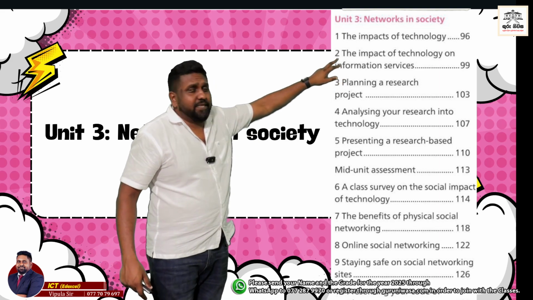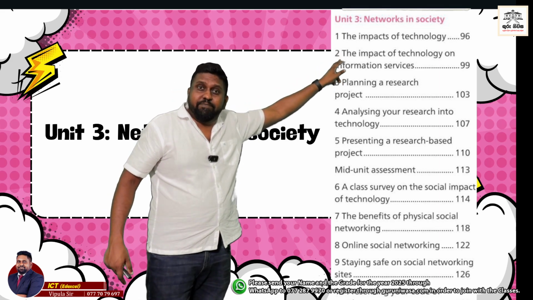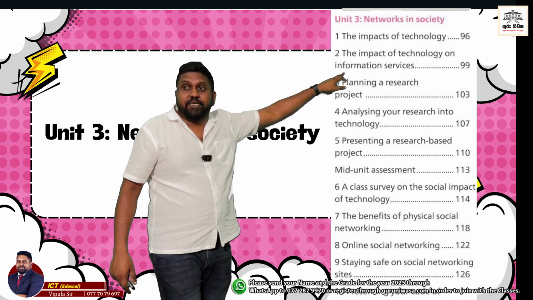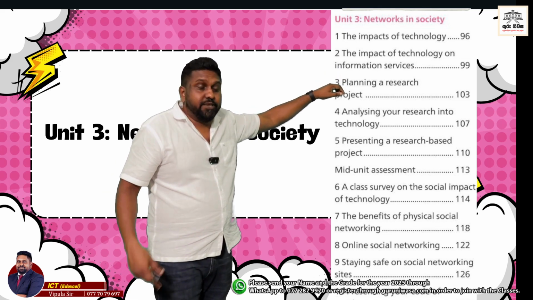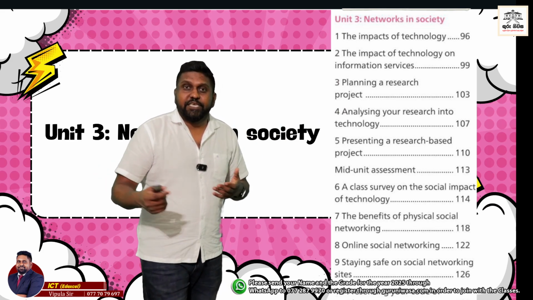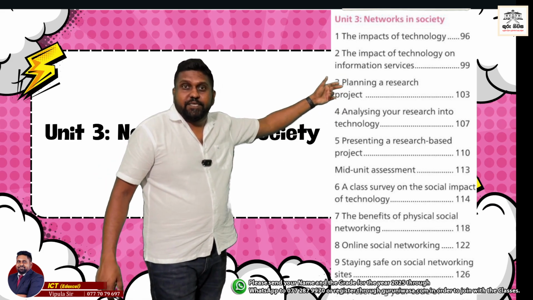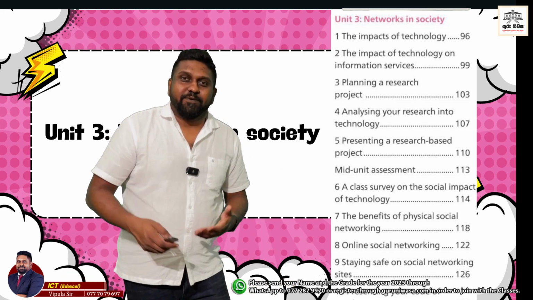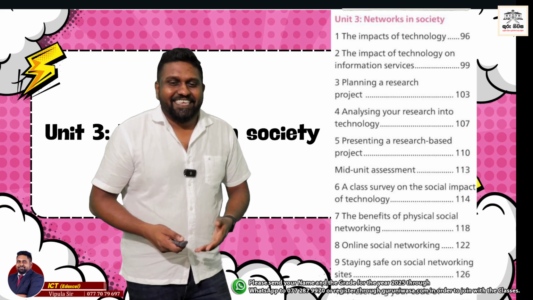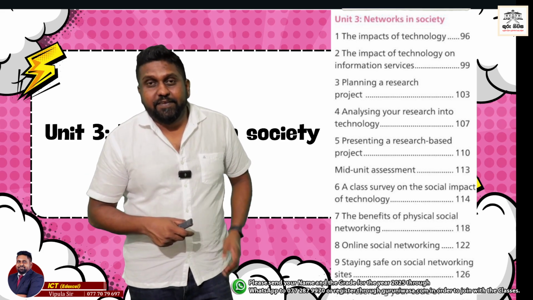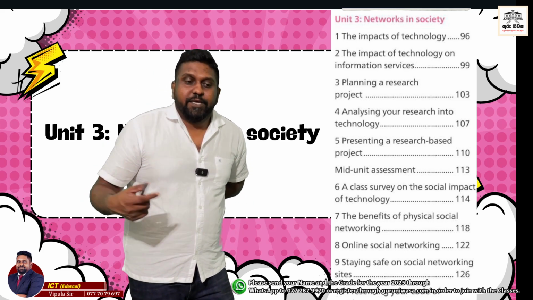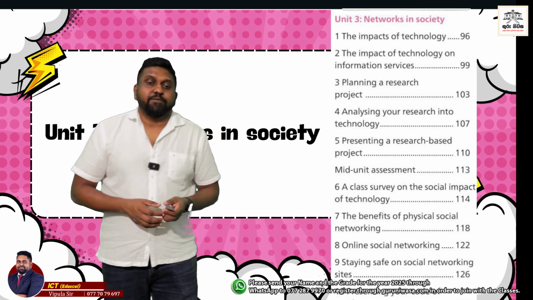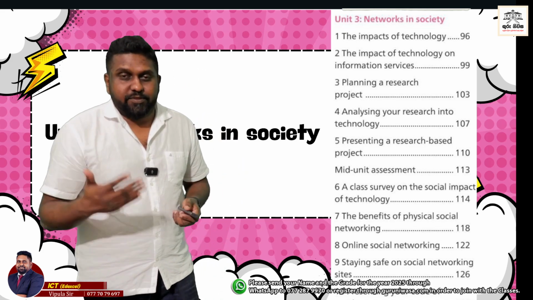So these points, like we learn about what are the impacts of technology and the information impact, what happened on technology, like how the information transfer changed, and then we talk about planning and researching projects, and we talk about technologies and so on and so forth. Okay, so in this module we talk about networking and how these technologies can be or will be used for the social benefit.